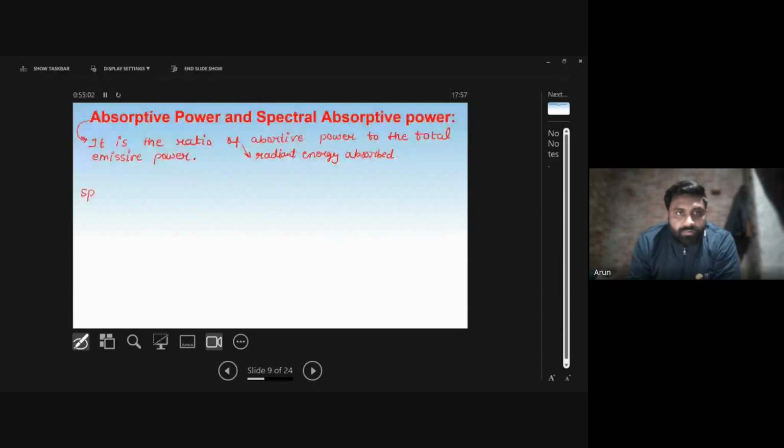Spectral is for one particular wavelength, so it is the ratio of the radiant energy absorbed for a particular wavelength to the total emissive power of that particular wavelength. So spectral absorptive power.